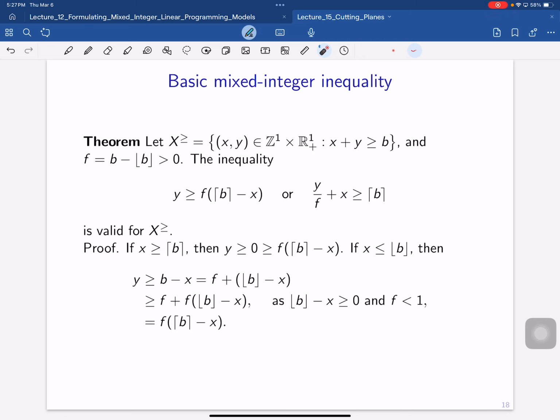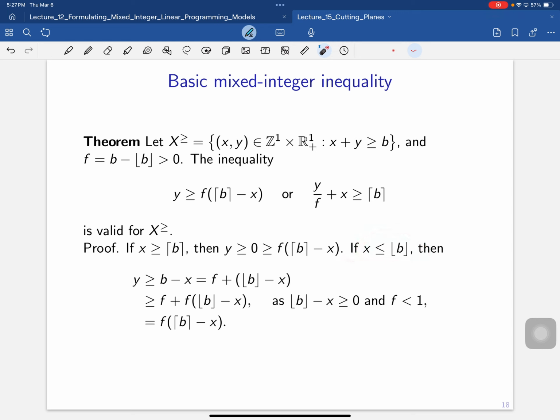Okay, so how do we do that? Consider two cases here. Again, the goal is to derive this inequality from this set here, right? So we know that x is an integer variable, so there are two cases that could happen. One is x greater than or equal to the ceiling of b, and the other is x less than or equal to the floor of b.